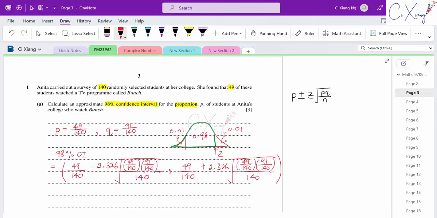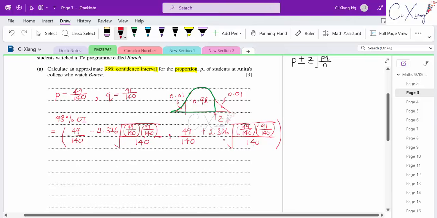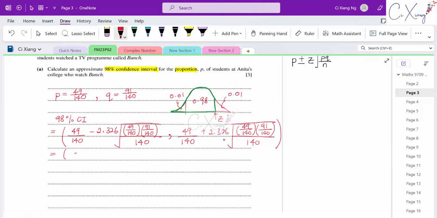Okay, so by using the calculator to simplify the value, and correcting it to 3 significant figures, the answer that we get should be 0.256 and also 0.444. Okay, so this is how we get an answer for the 98% confidence interval.